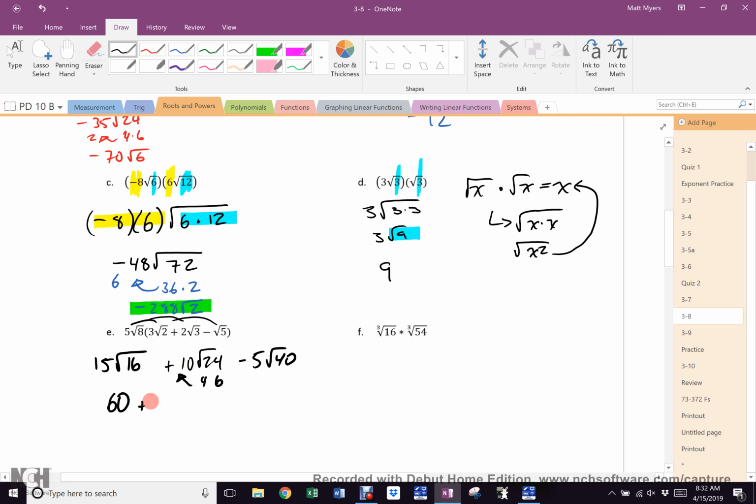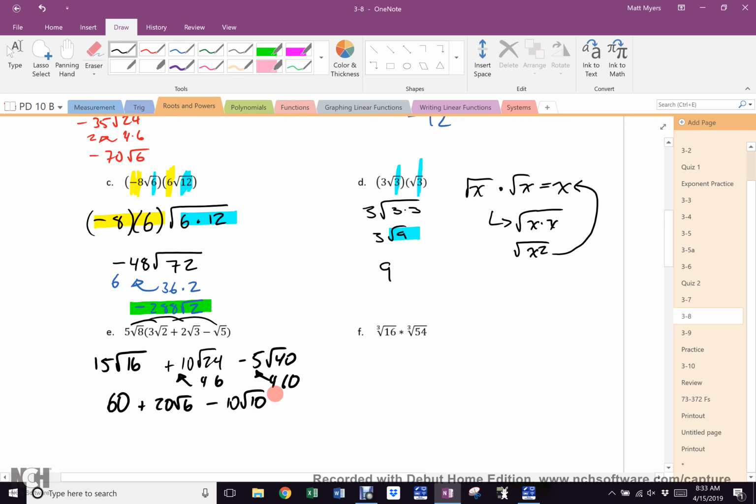So what do I get? 20 root 6. What does that break down into? I would not use 8 and 5. What would I use? 4 and 10. Why 4 and 10? 4's got a square. What comes out? 2. What does that become? Minus 10 root 10. Is everybody good?